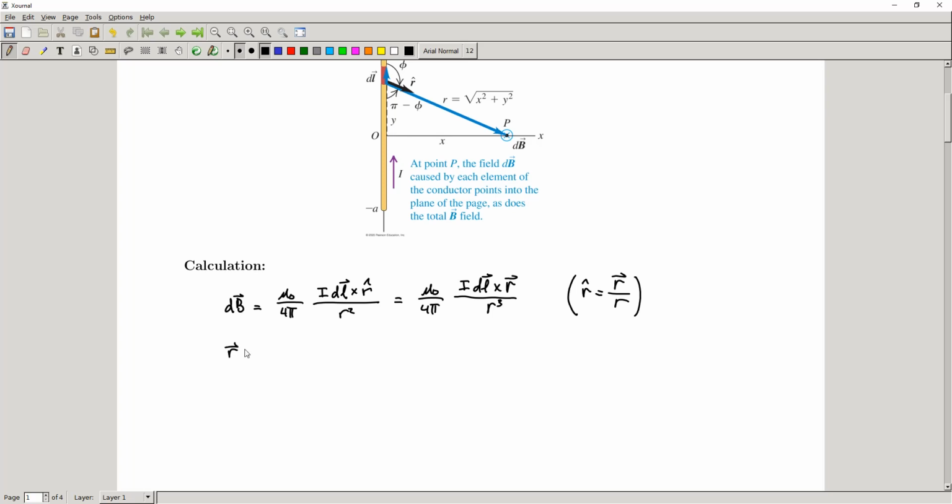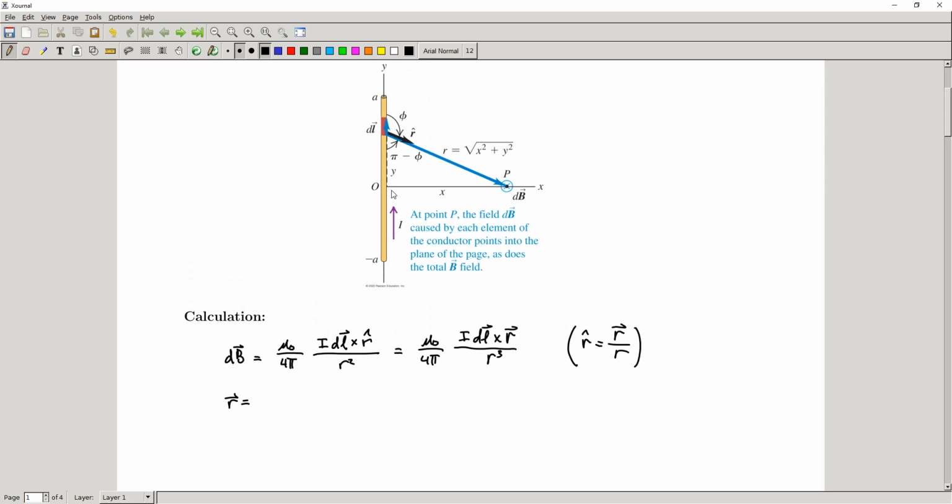So our r vector, we can see just by looking at the diagram here, well, x is not changing, right? And so our x is always going to be in the positive i hat direction, right? And so we're going to have an r vector that goes like x i hat.